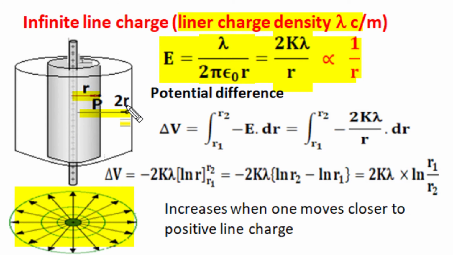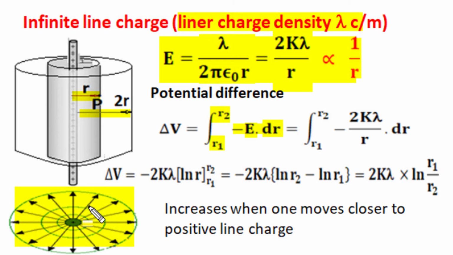So for all external observations, we can conclude a cylindrical charge will act like a line charge acting from its central axis. We can find the electric potential difference in this electric field, and we know if a unit positive charge is moved from the r1 position, which is far away from this positive line charge, to a closer r2 position, then in the electric field the elemental displacement dr will need elemental work minus E dr. Here the negative sign is used because the elemental displacement is opposite to the direction of electric field.